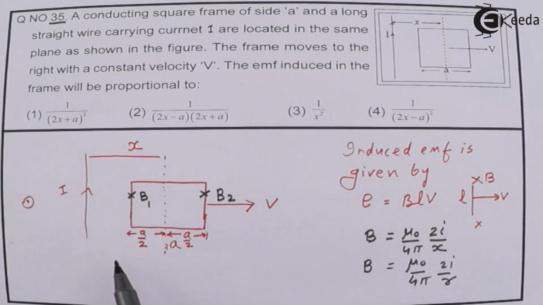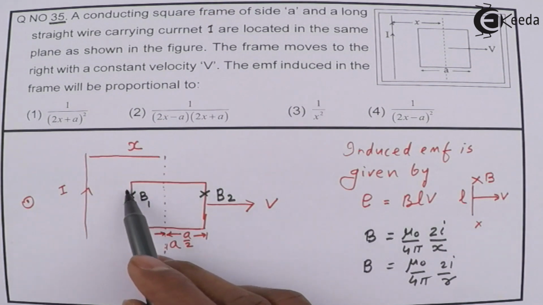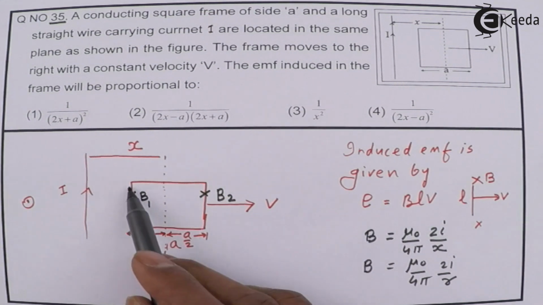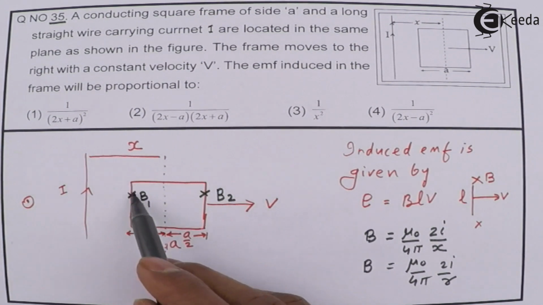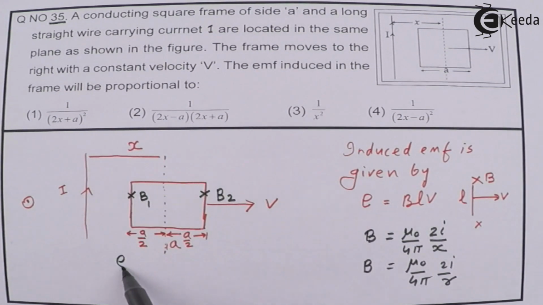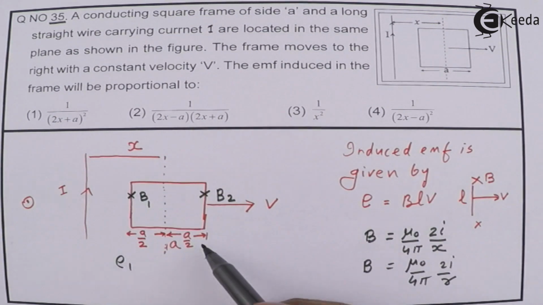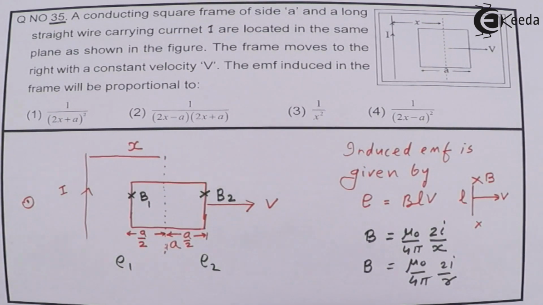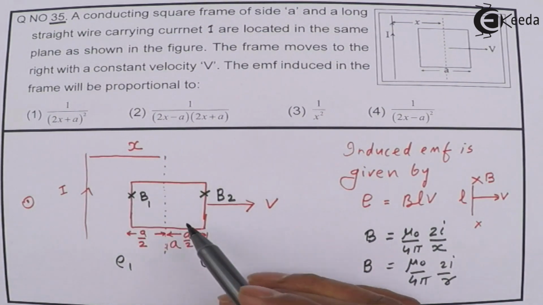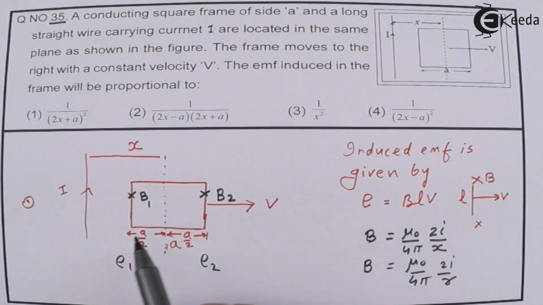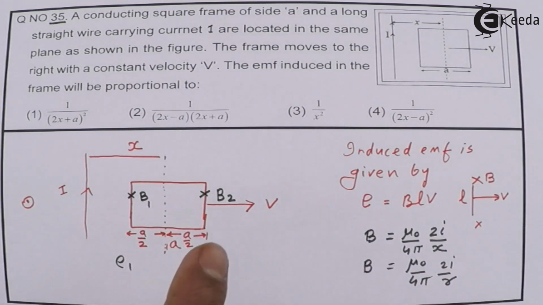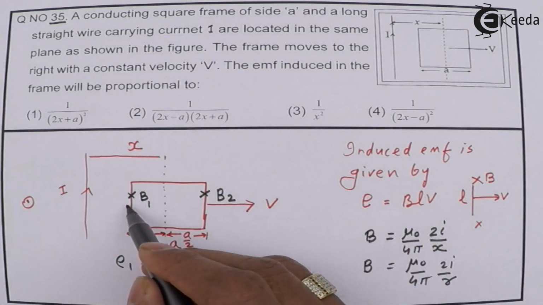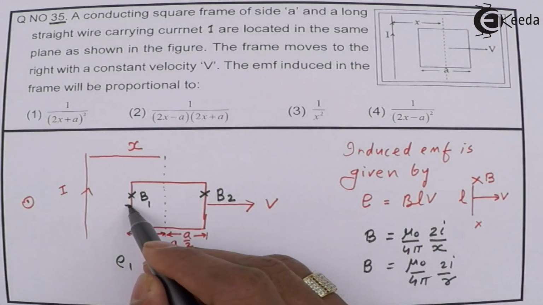Suppose the EMF induced in this part of the wire is E1 and in this part is E2, and both are in the same direction, V cross B. V is like this, B is into the page, so this side is positive. For convenience, I will write this as positive and this as negative.